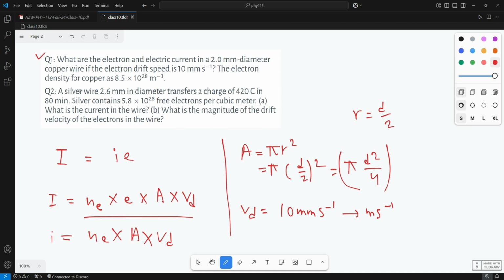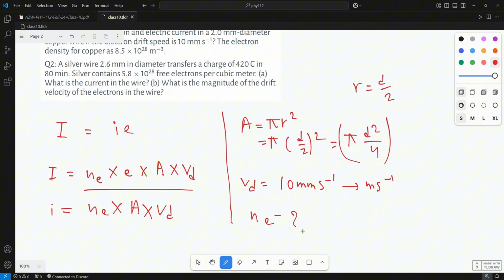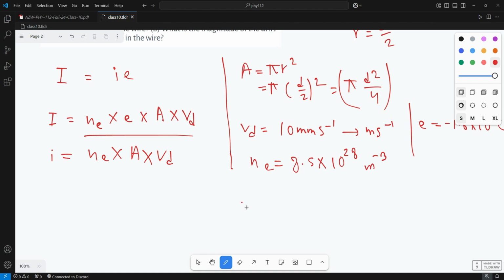Then we're also given the electron density for copper, which is the value of n e, which is 8.5 into 10 to the power 28 per meter cube. And we know that the charge of an electron is minus 1.6 into 10 to the power minus 19 coulomb.